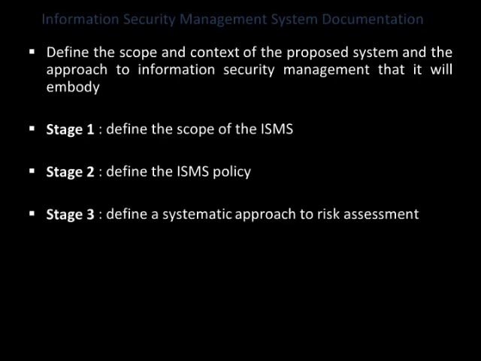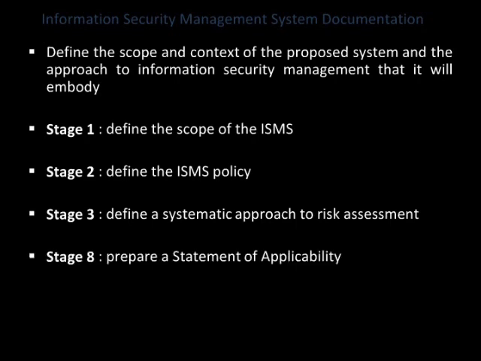Stage 3 defines a systematic approach to risk assessment. A document specifying a systematic approach to risk assessment is written. This must include a process for evaluating the likelihood of a risk to an information asset's security requirements and the impact of a breach of them, along with a definition of what constitutes acceptable risk.